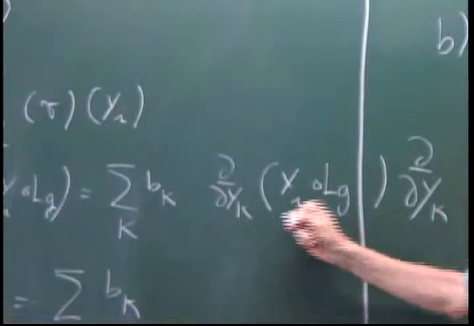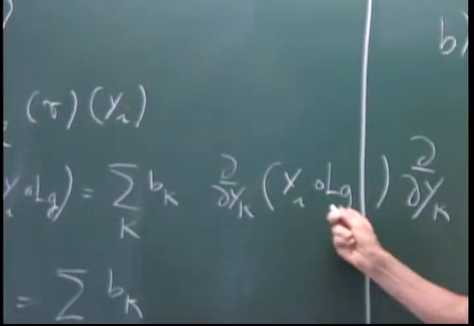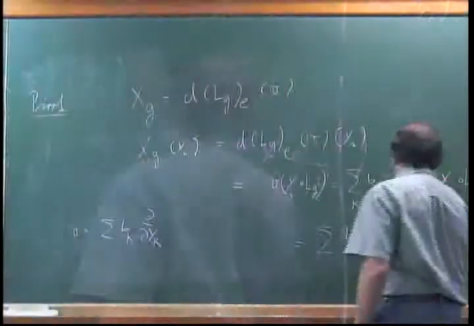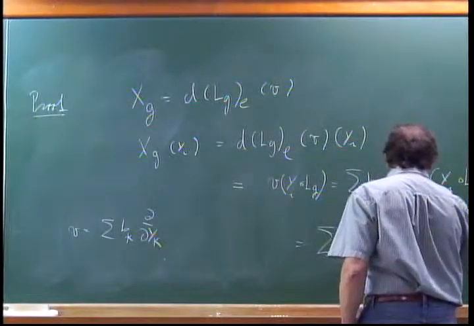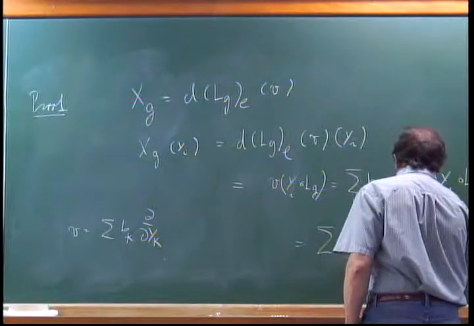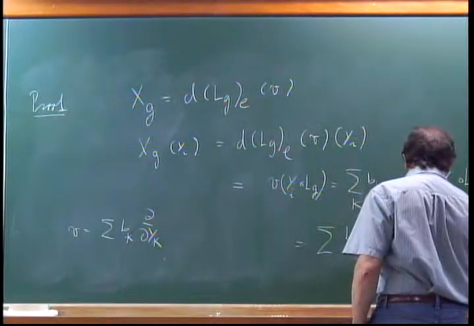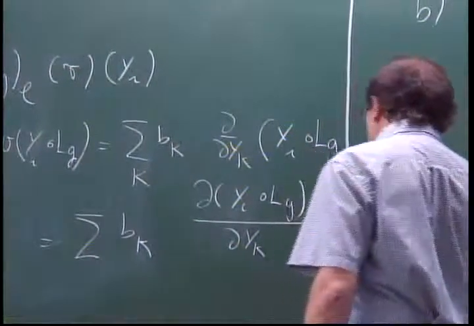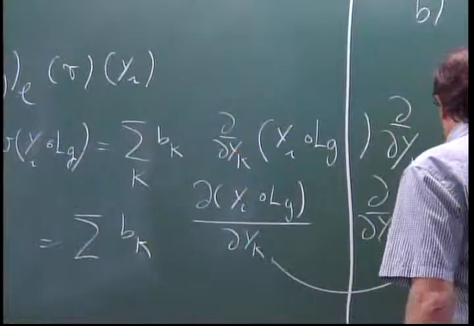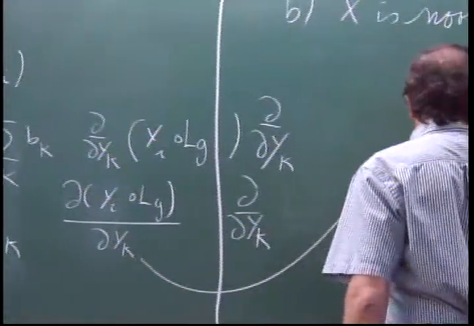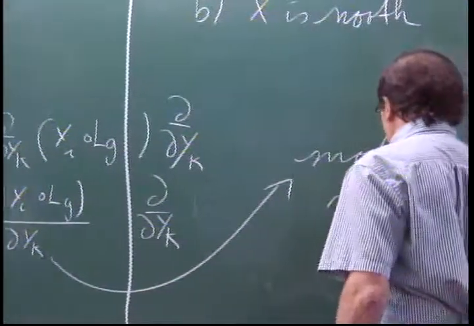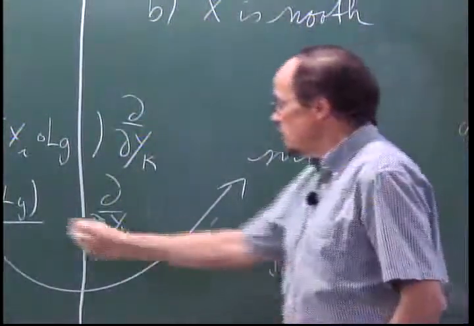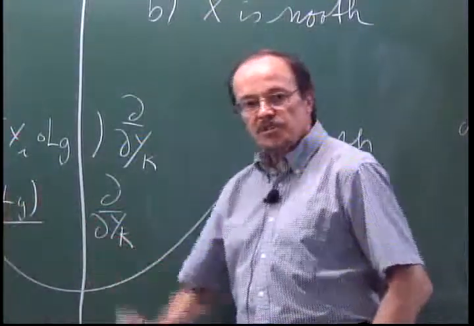If I apply the coordinate vector field to a function, I get the partial derivative of the function. So this becomes the derivative of yi composed with L_g in the direction of yk. Now I'm done, because I can say this is smooth, since the left translations are smooth. Because this is now just a set of partial derivatives of left translations in that coordinate.